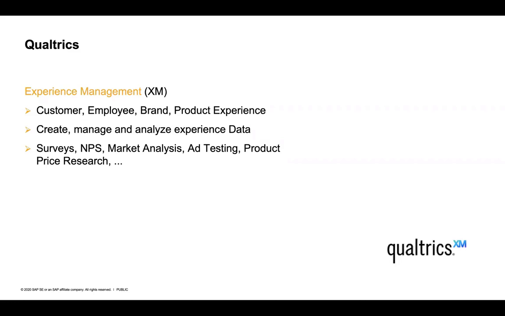And this might also be relevant for cloud applications. So imagine your cloud application wants to ask for feedback on the fly and create surveys through Qualtrics. Then an API would come in handy for this.